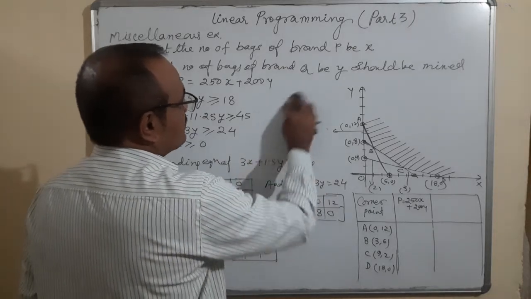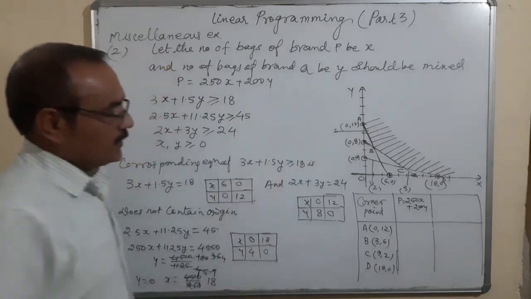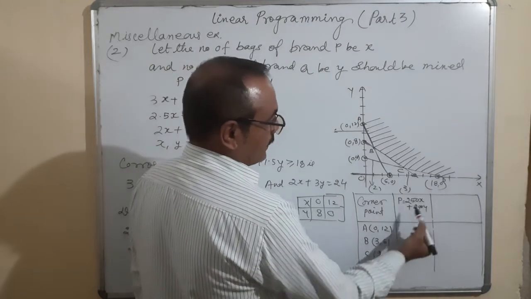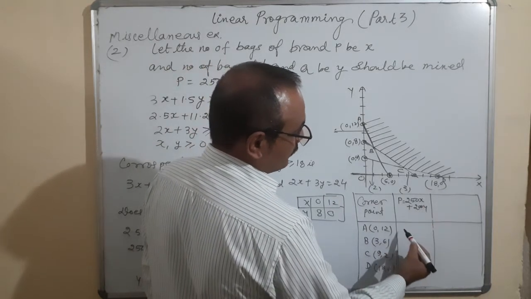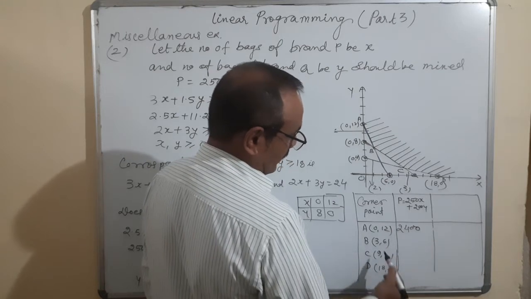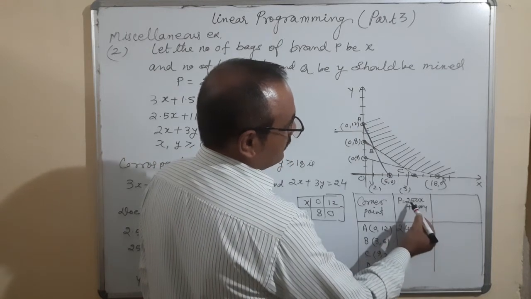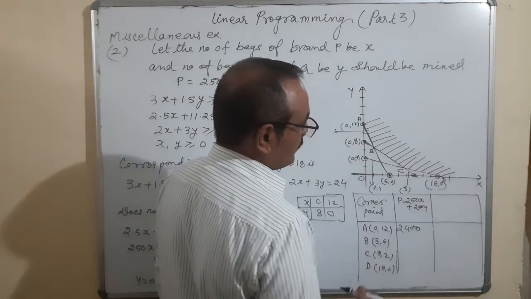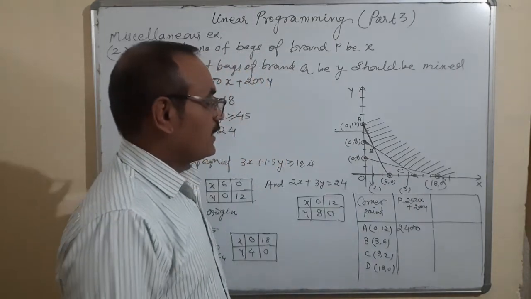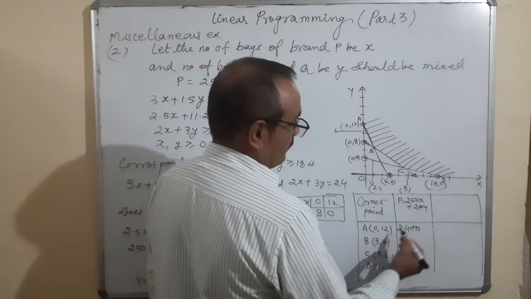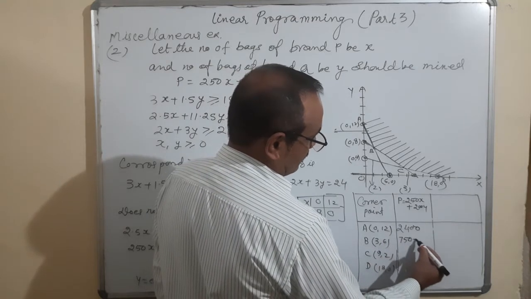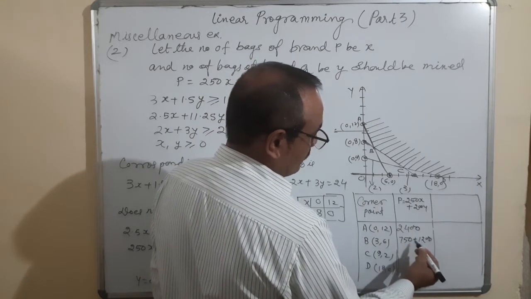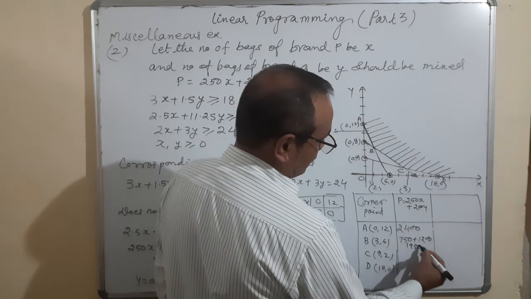Simply, you can see where these lines are intersecting on the graph paper and put in the values. Now this point is (0, 12): putting x = 0, y = 12 gives 2400. Next, (3, 6) gives 750 plus 1200, which is 1950.